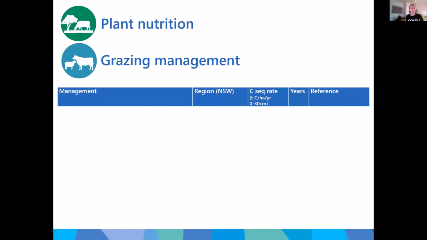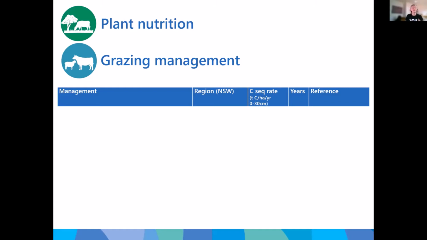In this table that I'm about to show you, there'll be a range of management actions. So this is all published literature. I've primarily focused on New South Wales because I'm totally biased, but I'll also have in there a couple of examples of meta-analysis for Australia, some great work that's done by Mark Farrell's colleagues. I've got the region, so where this work was done. The carbon sequestration rate is the next column.